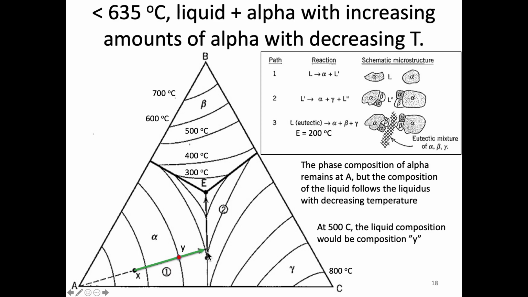So this is our crystallization path. It basically tracks the liquid composition as a function of temperature, and that's what we're going to be showing along this crystallization path. This is path step one, and this is the reaction. This is what you can see schematically happening for that reaction.